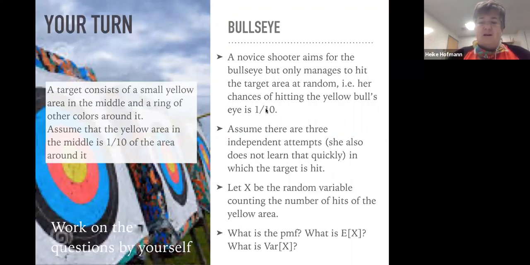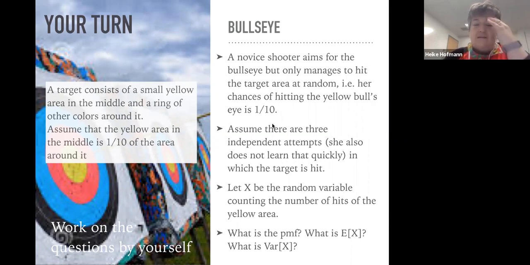We hit a target with chance 1/10, the yellow bullseye. So we assume that we've got a novice archer, and let's assume she hits the target. She's not that terrible. And the chance of hitting the yellow bullseye is 1 in 10.